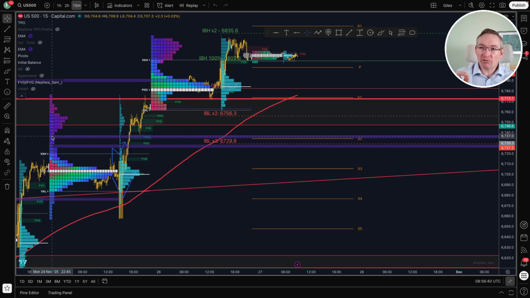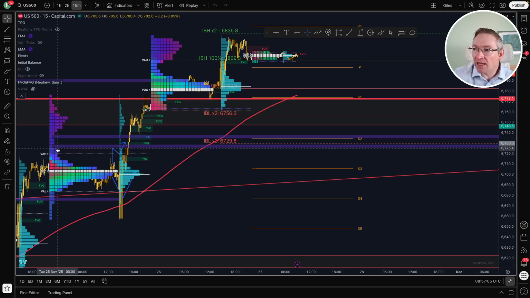If price trades at that unit at any point during a 30-minute window, you'll get one block on the time price opportunity diagram. One block equals 30 minutes. Now, if price trades there again, you'll get another block.